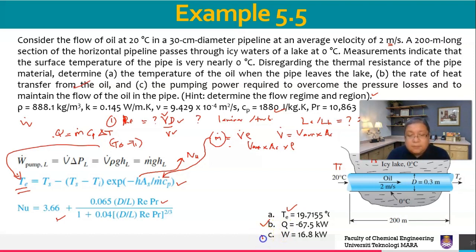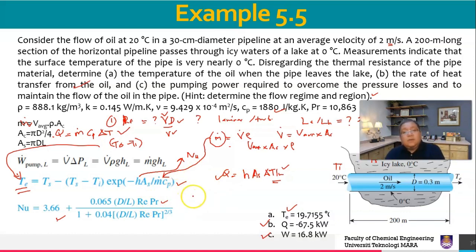And then you have W of 16.8 kilowatt. Or instead of m Cp delta T, you can also compute h A_s delta T log mean. Because you already know T_i, T_s, and T_e, you can determine the T log mean. So the value will be the same, this one or this one.